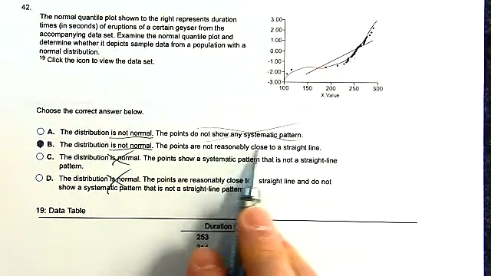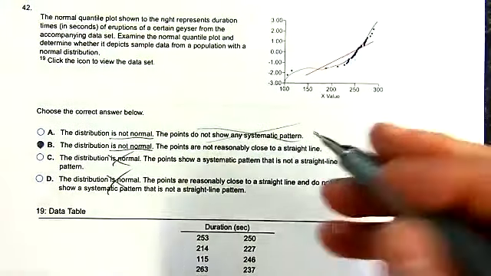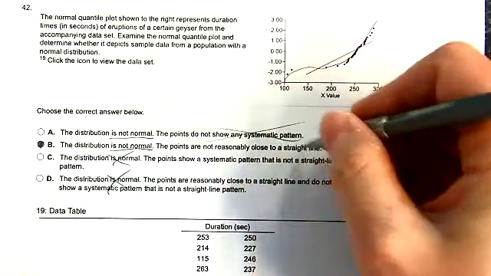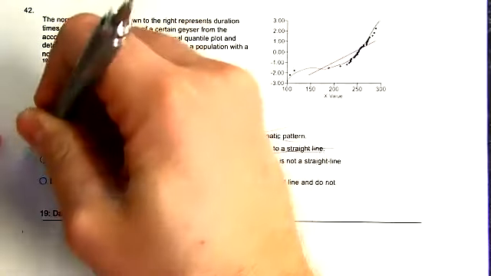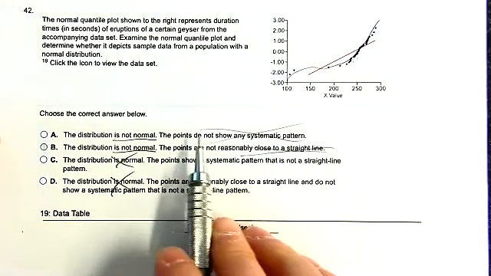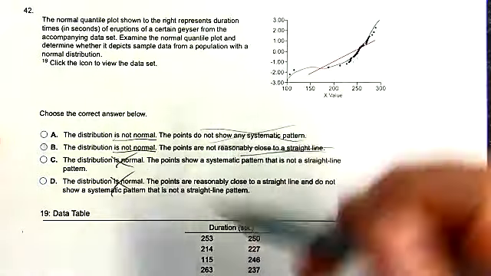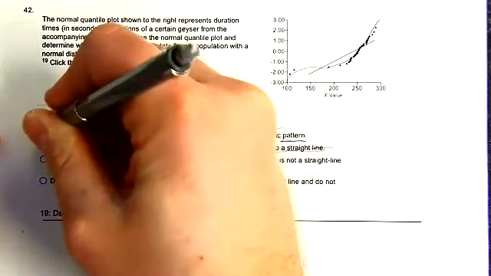The points are not reasonably close. Wait. Oh, no, I'm wrong. The points are not reasonably close to a straight line. That one's wrong. So it's not B. I made the mistake here. I forgot these words here. Do not show. That's good. You do not want a pattern. So A is right.